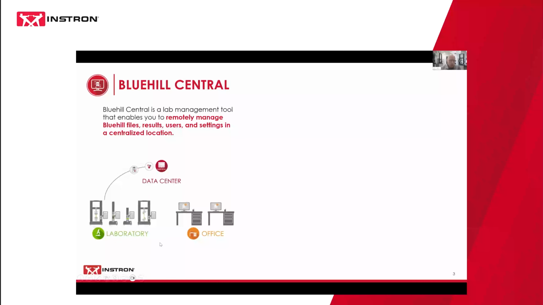So if we look at the diagram that's been playing, we have the laboratory that we should be familiar with, and we have some Instron systems with their PCs running the testing software, say Bluehill Universal. And traditionally, these are localized, right? So you might have to copy a method from system 1 to system 2 to share it.